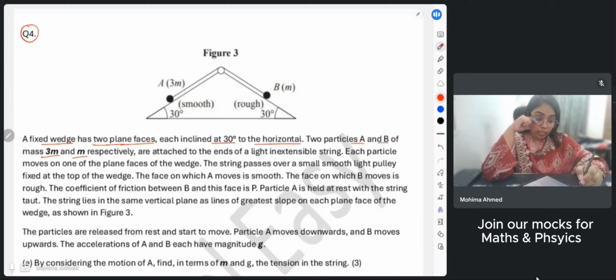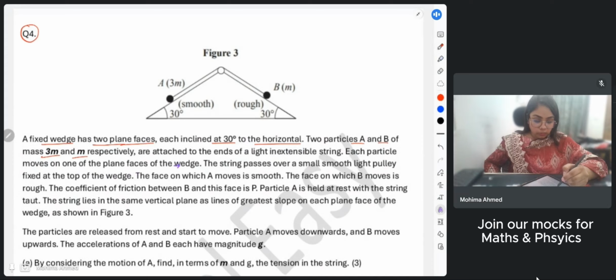Again, light inextensible string indicates that tension along the entire string is equal. That means tension over here and tension over here is equal, and light means that we're not going to consider the weight of the string as a part of our calculation. Okay. Now, after that, it says that each particle moves on the plane faces of the wedge.